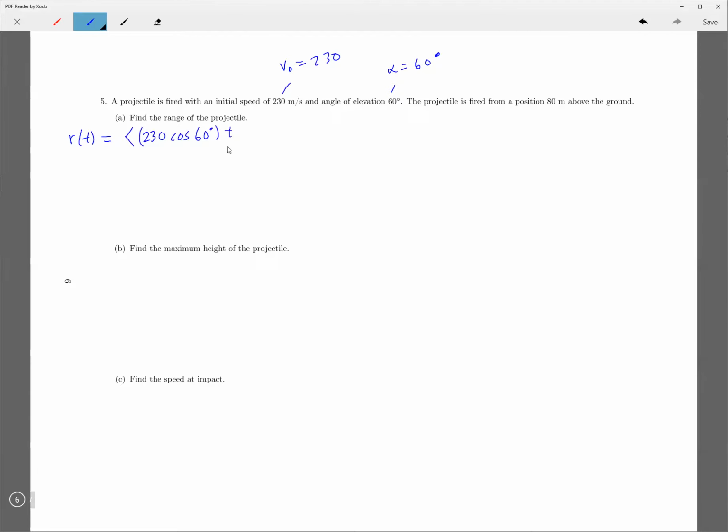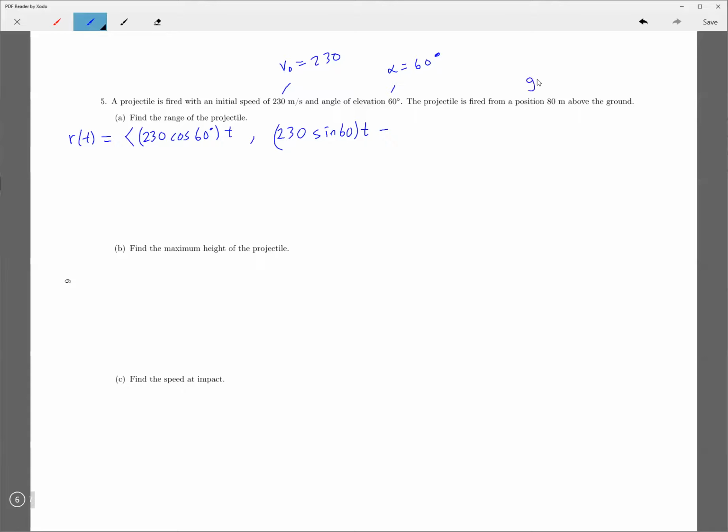That's the x position. I'm plugging in 230 for V0, 60 degrees in for alpha, and then I've got t there. And then the y component is going to be 230 sine 60 times t minus gravity.